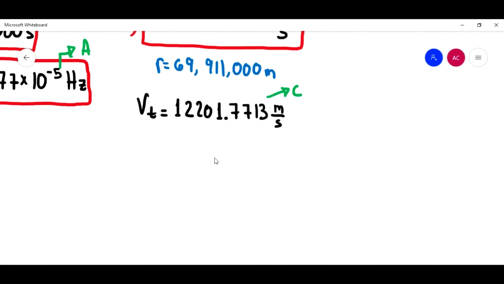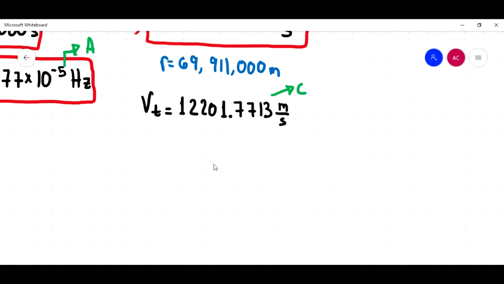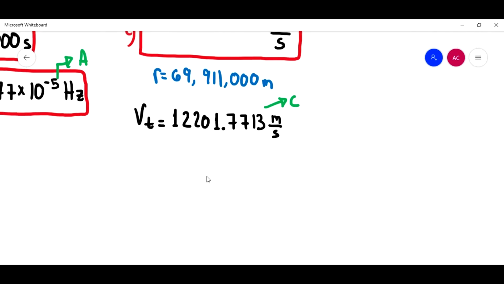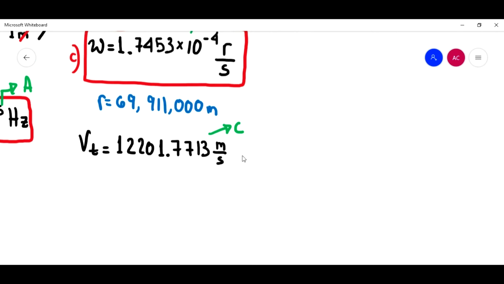So now let's find it in kilometers per hour, because sometimes we cannot imagine this number if we don't see it in kilometers per hour, because that's a number that we are used to, because we travel and we use the car, and we know that, for example, 100 kilometers per hour, and the school zone is 30 kilometers per hour. So let's transform this. I need to transform meters per second.